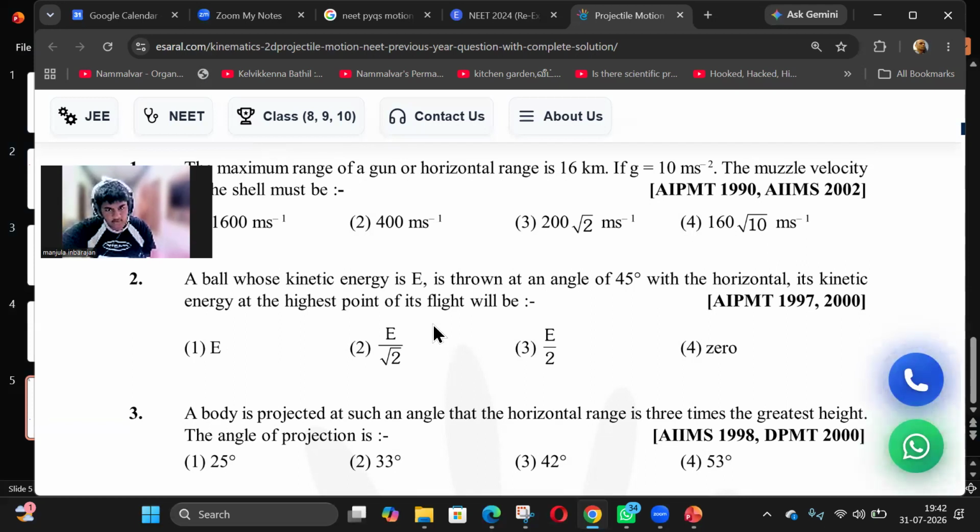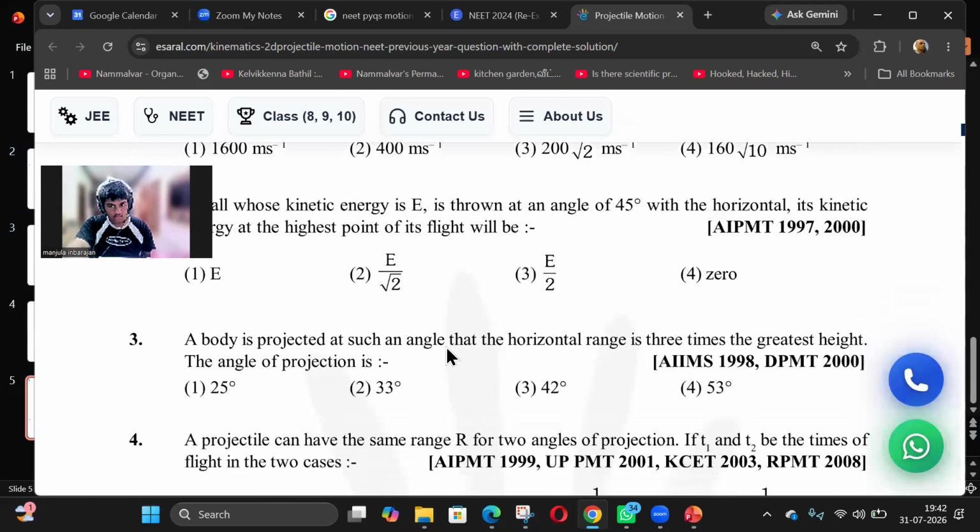E by 2, E by 2. Because at the topmost point only U by root 2 will be there in the horizontal direction. So that will become U square by 2. Okay, so option 3. Next one, third question.